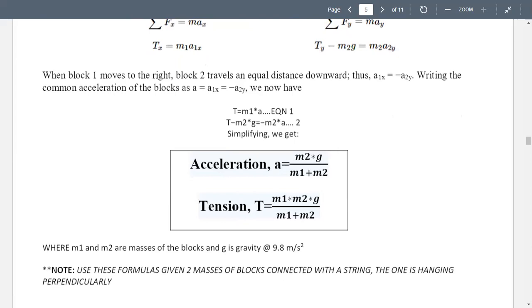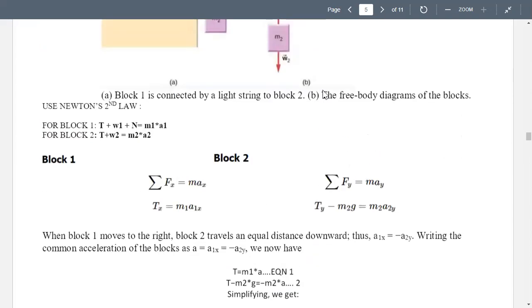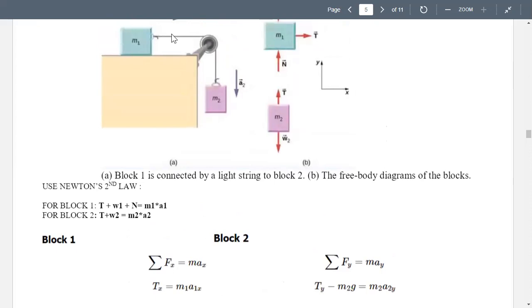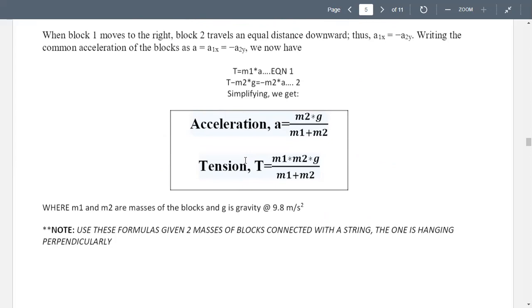And then to get now the tension, since Tx here is equal to Ty because they are connected in a single cable, tension T is equal to M1 multiplied with your M2, multiplied with your gravitational acceleration, usually Earth, all over summation of both masses of the blocks.